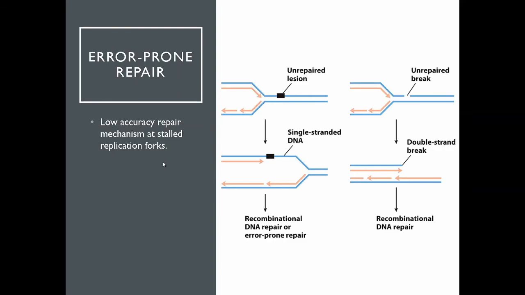Now, another problem with DNA damage, apart from the creation of mutations, is that lesions can stall or stop the DNA replication mechanism. So if you have a lesion like this and you have a replication fork moving toward it, when the replication fork hits, it will stop.